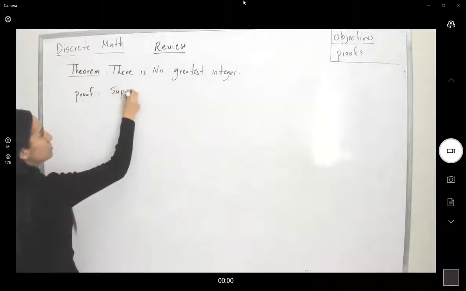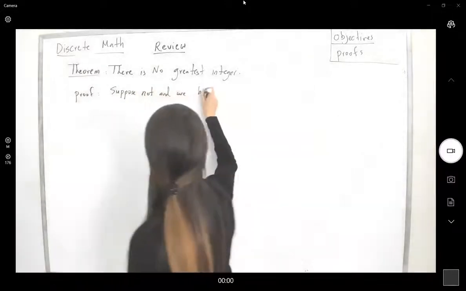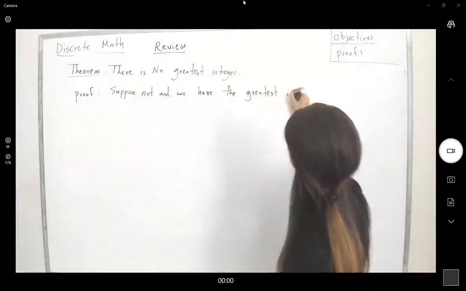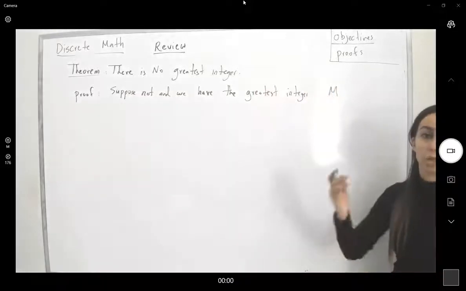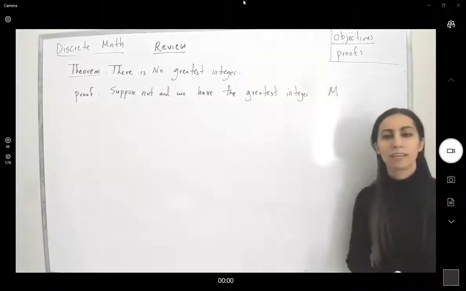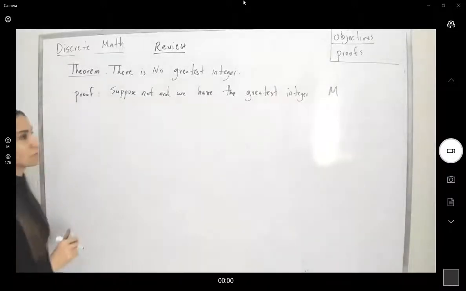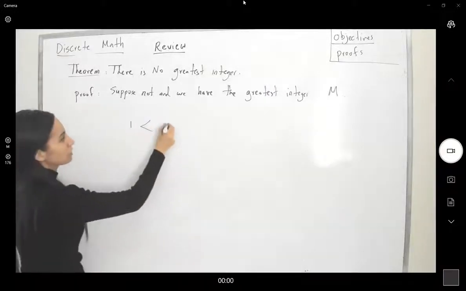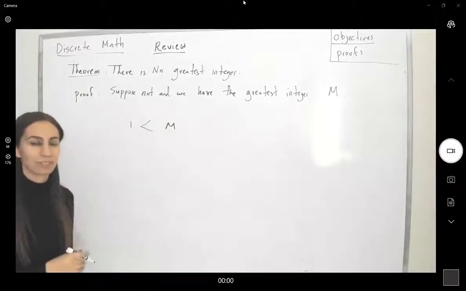Suppose not, and we have the greatest integer, which is equal to m. In the search of greatest integers, I found m, and I say, hey, m is my greatest integer. So m is the greatest integer, and m is, for example, greater than 1. Of course, you know that. This is the greatest integer possible.